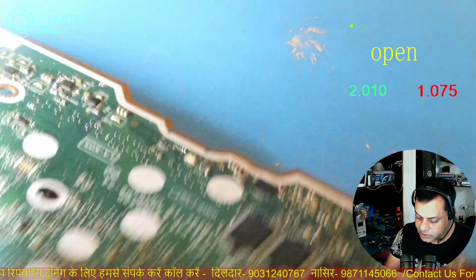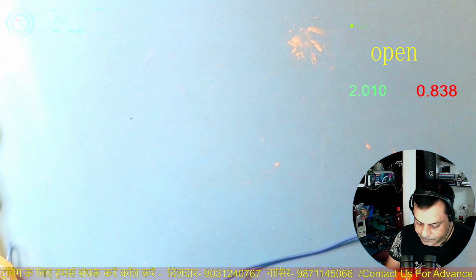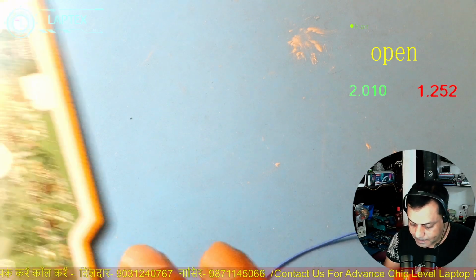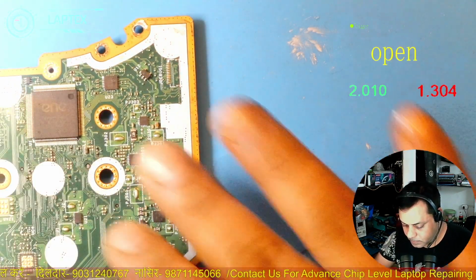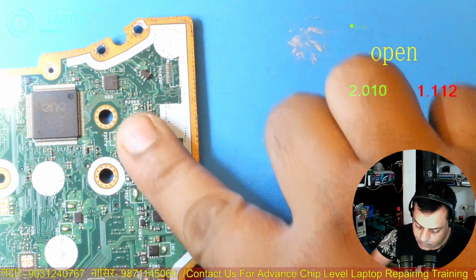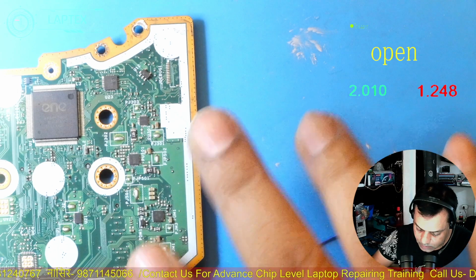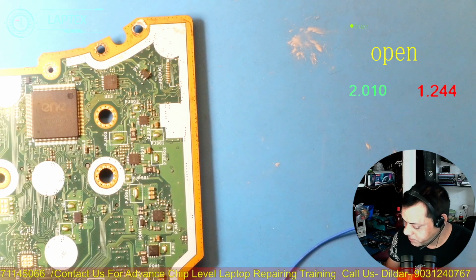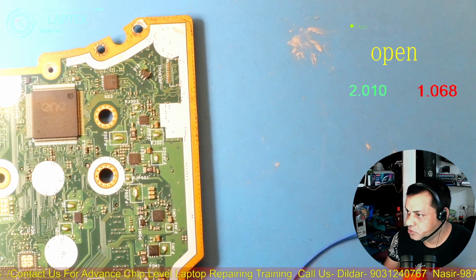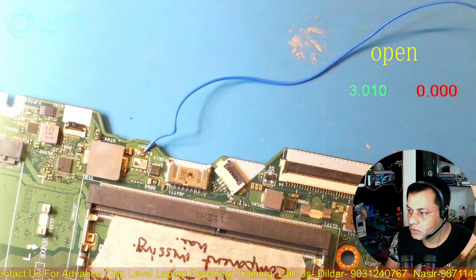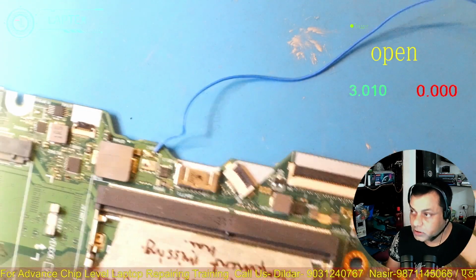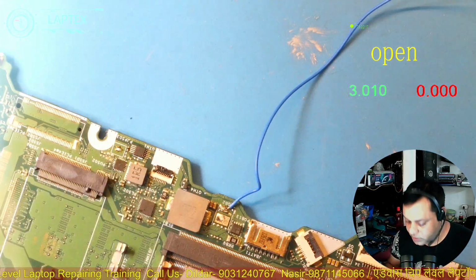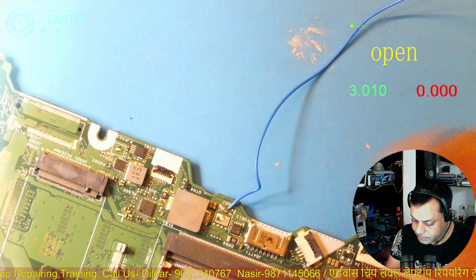Everything is all right this side. Let me keep on searching, because I am very much scared. Today I have also already burned. So this regulator is heating too much. This regulator, I don't know what it is, but it is heating up too much.